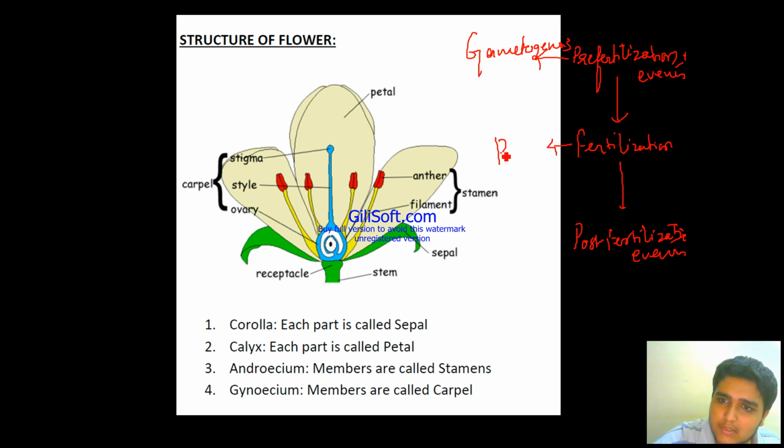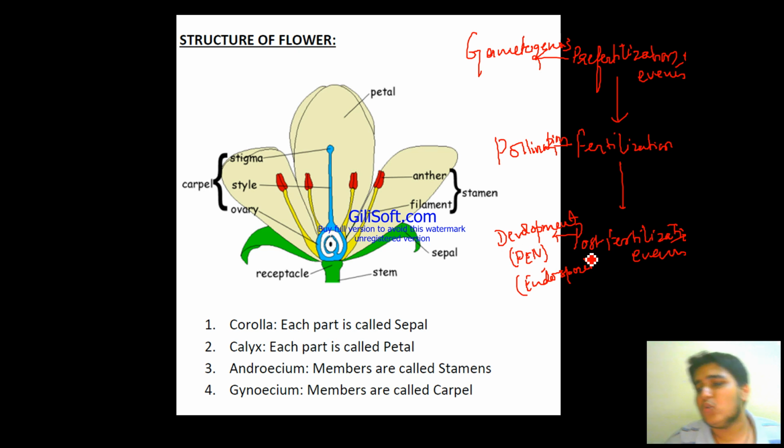Here we discuss about pollination, and here we discuss about development. Right? We discuss about all that. PEM, right? Endosperm, and all that. So this is going to be a flow. In fact, for every single embryological chapter of any plant, we have to study the pre-fertilization events, the process of fertilization, and the post-fertilization changes that happens in the plant body.